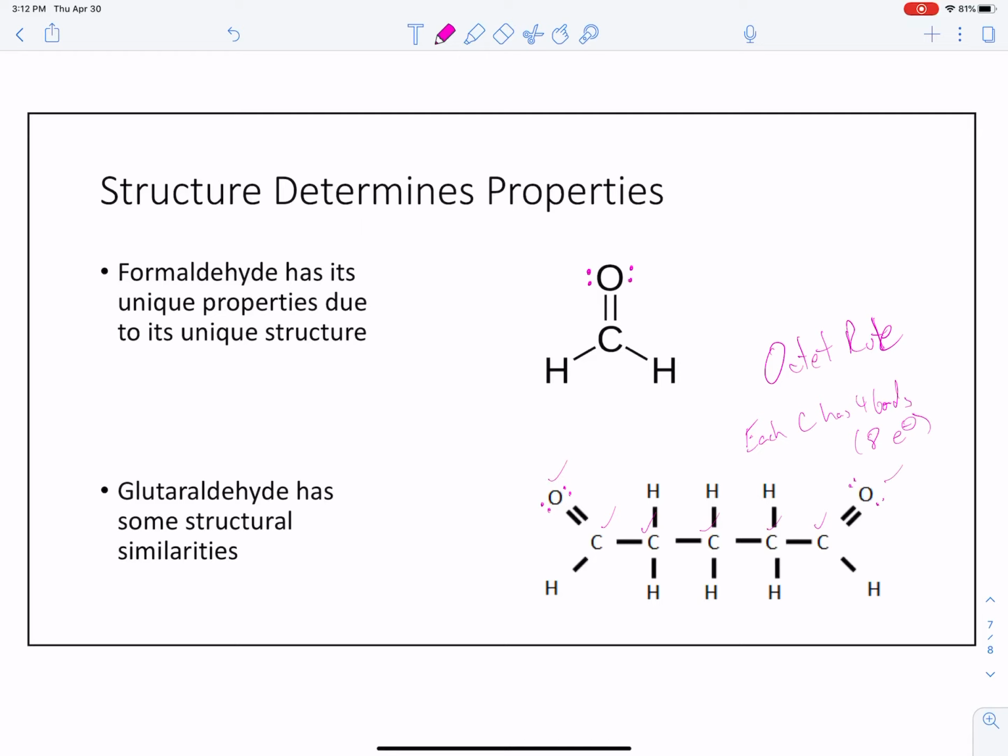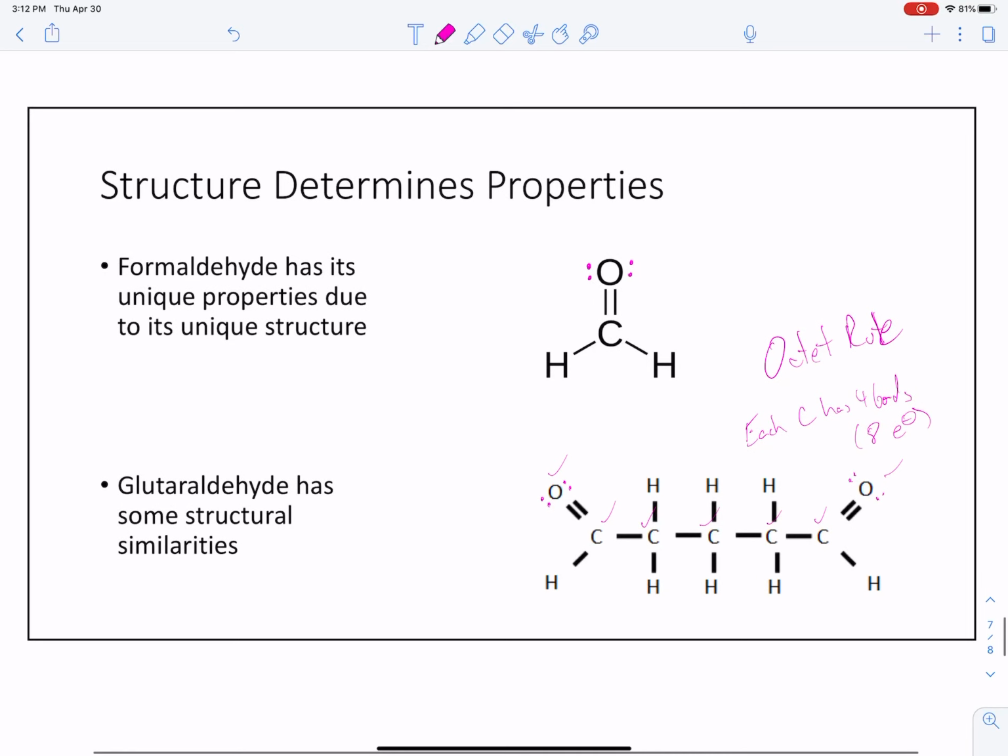Those 2 oxygens are in good shape. And each of those hydrogens have just 2 electrons. So that works well also. So we can start to use some of these things, these Lewis dot structures, and how everything kind of sticks one to another to see how they will play out.